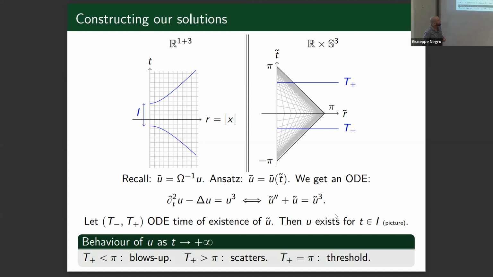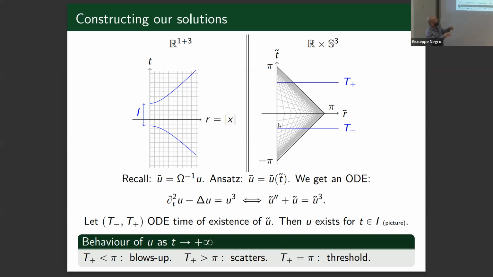Now, this is an ODE. So by standard theory, it's an ODE posed on this line, and you can forget about this triangle for almost. You pose initial data here, and you have a solution to the ODE which exists in an interval. This ODE also supports blow-up solutions, so it might be that the ODE blows up. However, this is the last and fundamental thing I want to say.